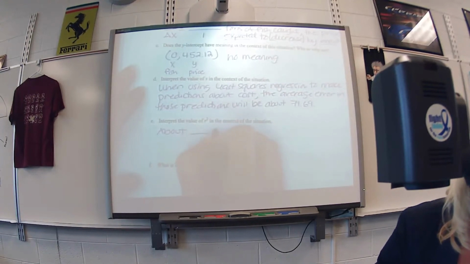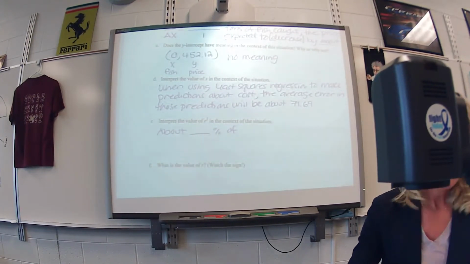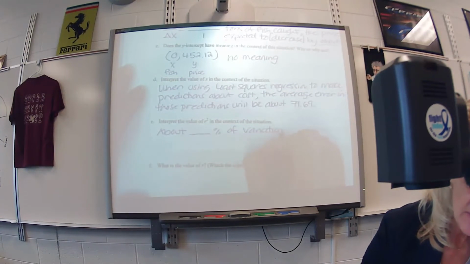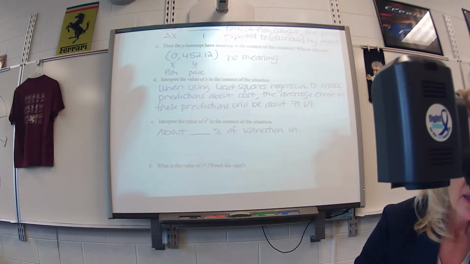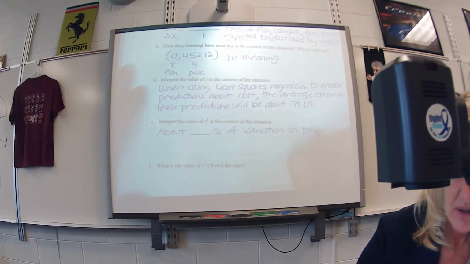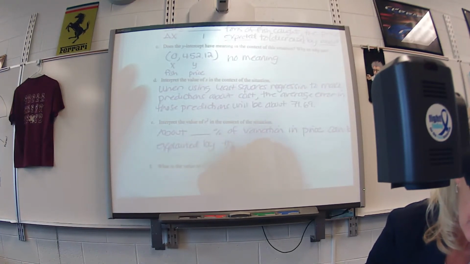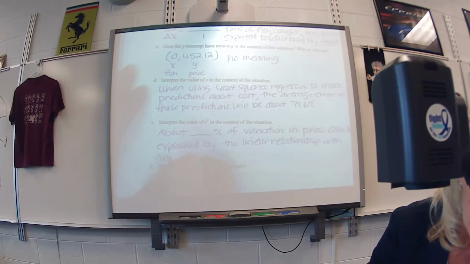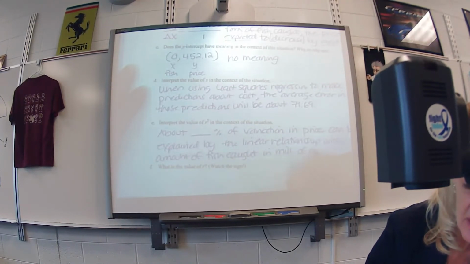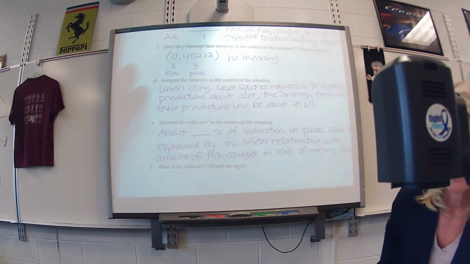About blank percent of variation in, put your Y variable, which is price, can be explained by the linear relationship with amount of fish caught in millions of metric tons.